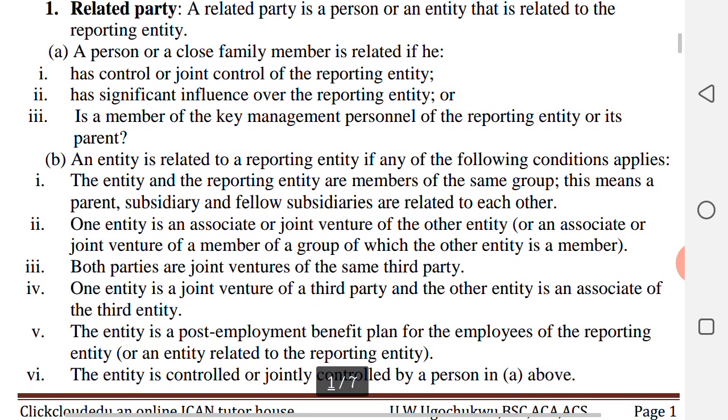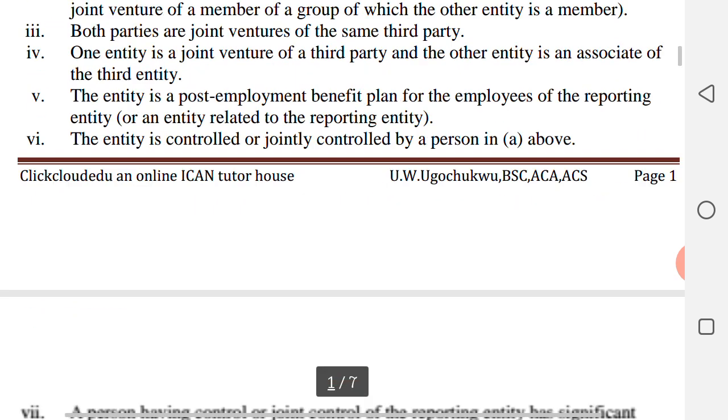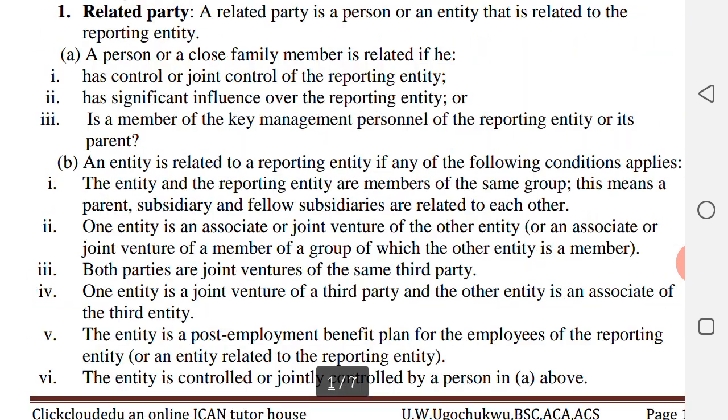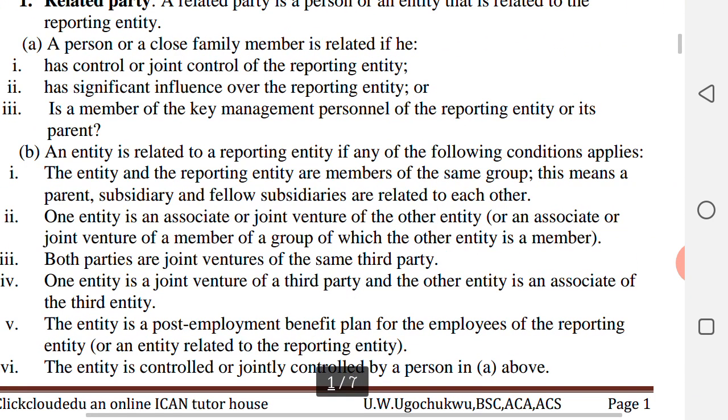So how do we say an entity, another company, is related to that reporting entity? So we have eight conditions before we say any entity is related to the reporting entity. So one, the entity and the reporting entity are members of the same group.